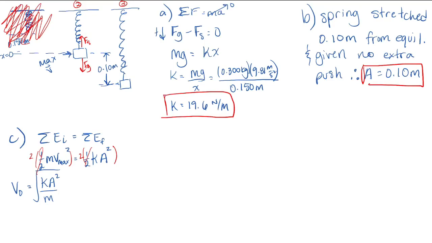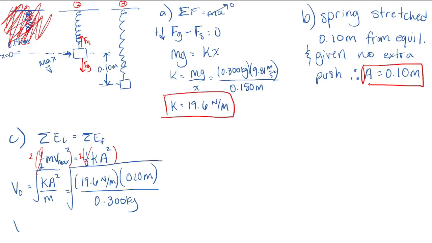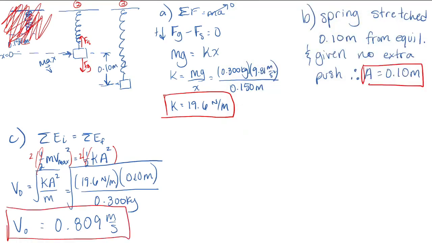Our equation would be the square root of K x squared divided by M. So I'm going to plug in those numbers, and I get a maximum velocity of 0.809 meters per second. So no, it's not going that fast, but really you didn't stretch it that far.